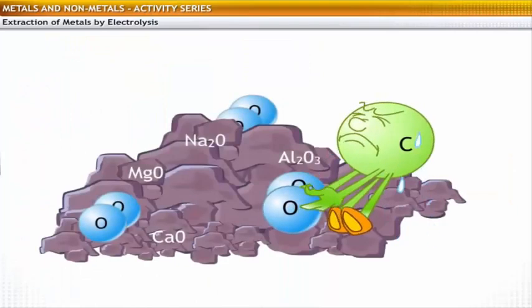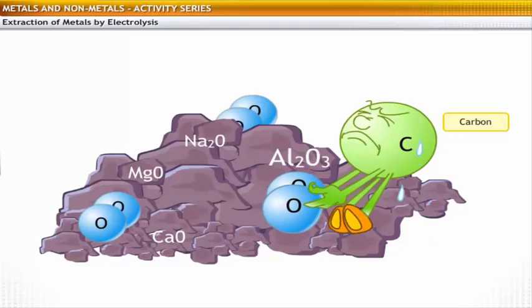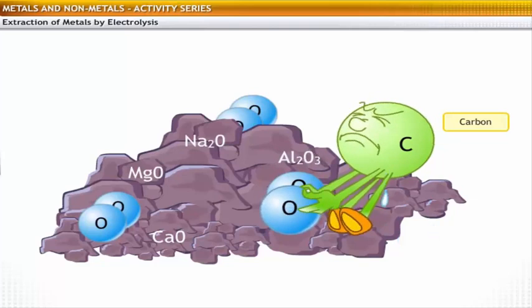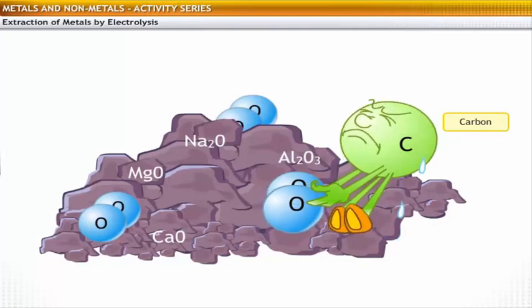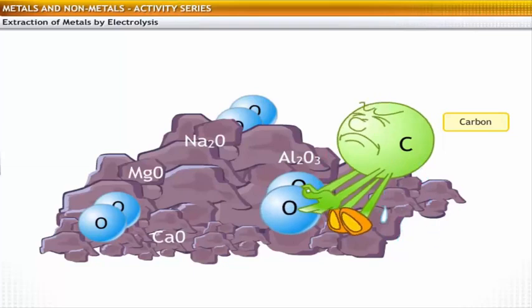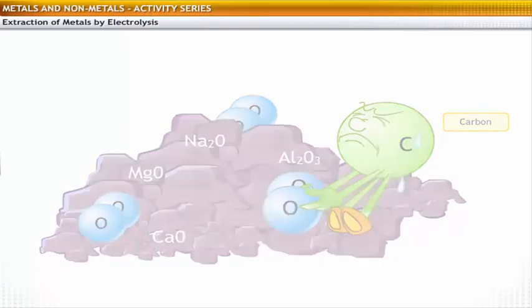For example, a reducing agent like carbon cannot reduce the oxides of metals like sodium, magnesium, calcium, and aluminium because they have more affinity for oxygen than carbon. Therefore, these metals are refined by another method known as electrolysis.